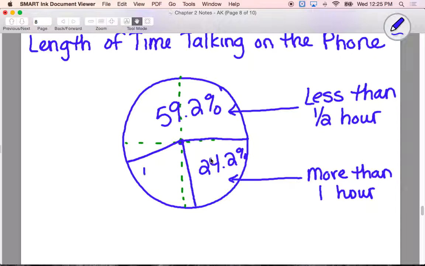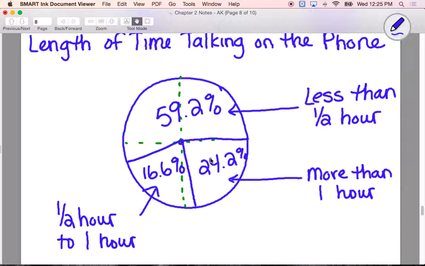Now our last one then is 16.6%, and that was half hour to 1 hour.